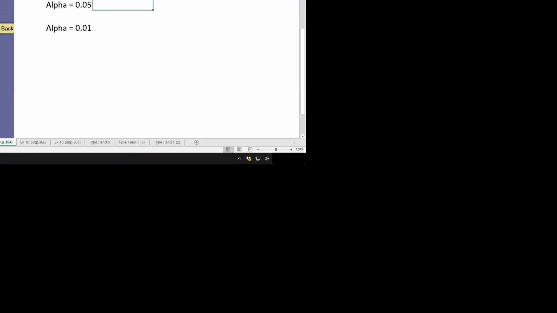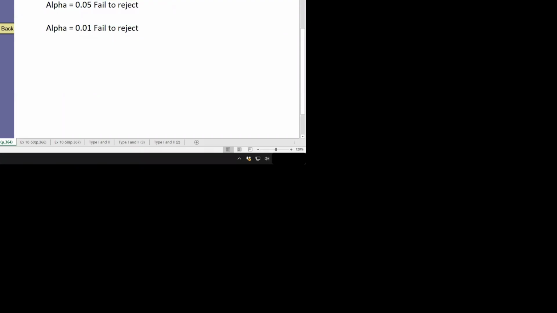But how about if the alpha were set at 0.05? You accept it, or... fail to reject. Sorry. And then at 0.01, also fail to reject. Okay.